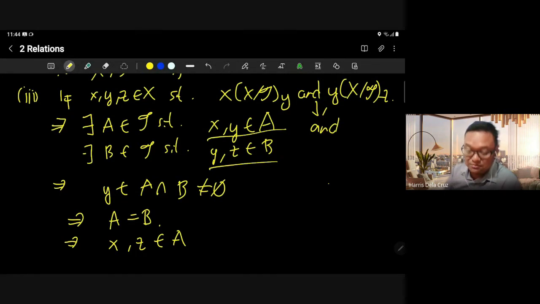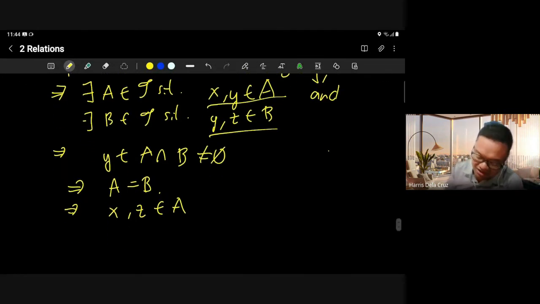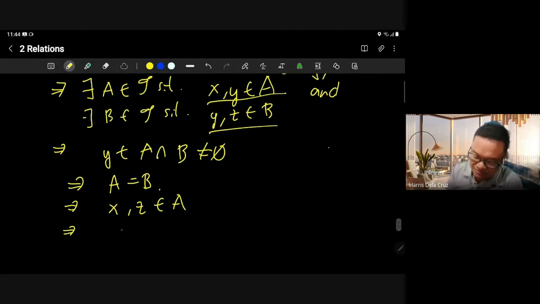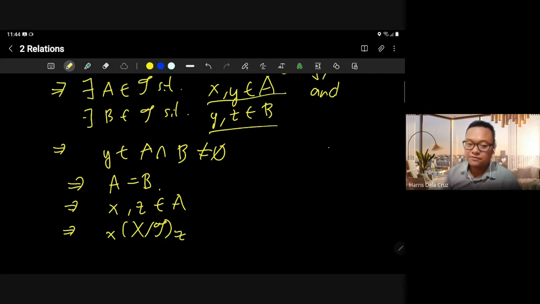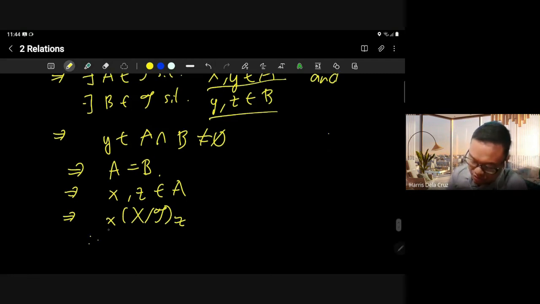If X and Z belong to the same set, then they are related. Tama? So, X is X over T related to Z. Yan. Wala nang ibig sabihin nun. Therefore, yung relation na X over T is transitive.